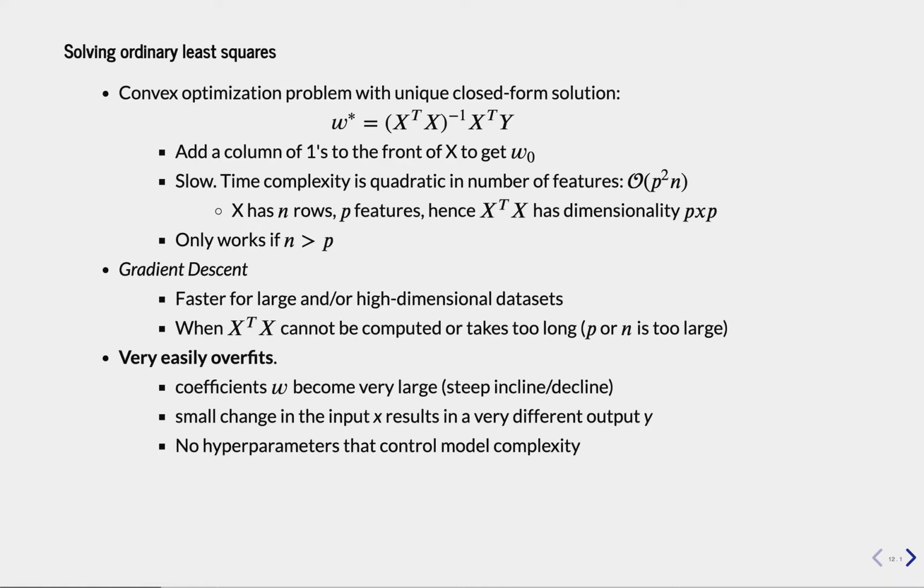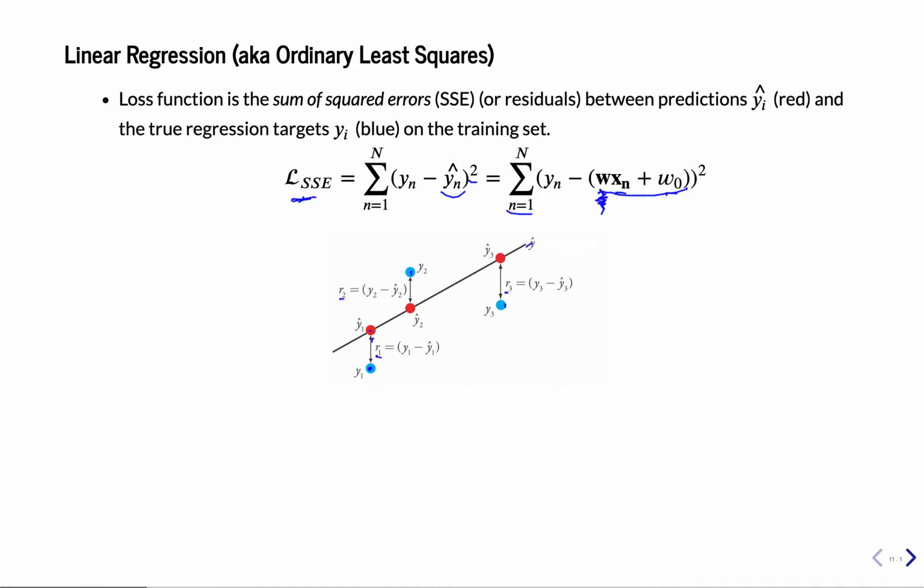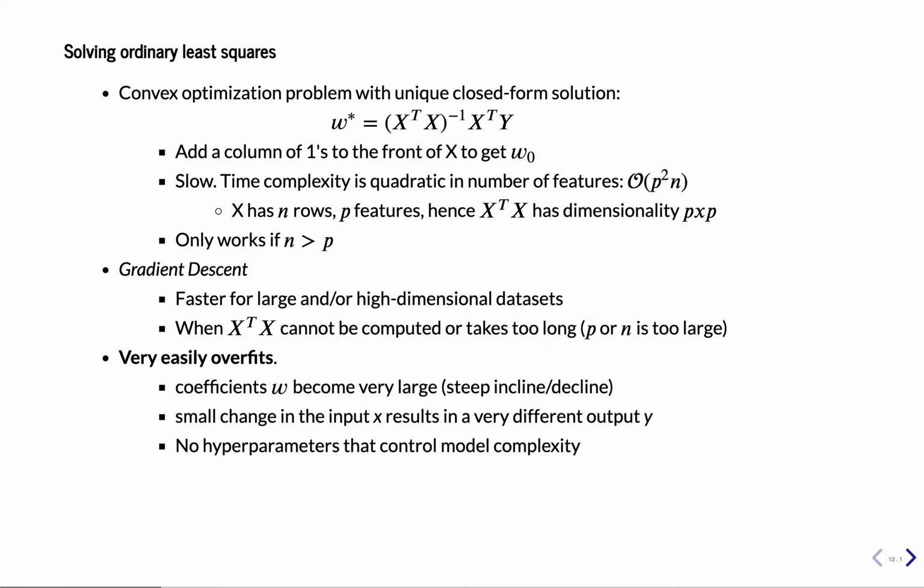Now, ordinary least squares is a convex problem. It's a sum of squares, so this will be convex and is therefore easier to solve. In fact, there exists a unique closed form solution for this, which looks like this. X is our training set, and we can compute the optimal weights using linear algebra, basically by computing x transpose x, then inverting that, and then times x transpose y.